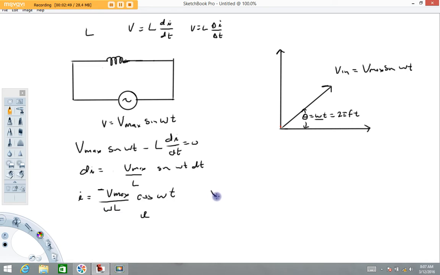I would call it X sub L equal to omega L. You'll notice it's frequency dependent, just like the capacitor's reactance was. However, here it's a little bit different. In this case, high frequency means high reactance, which would mean low current, whereas with the capacitor, high frequency had the opposite results. Let me see if I can physically argue why this is.